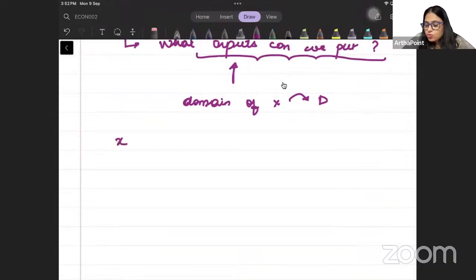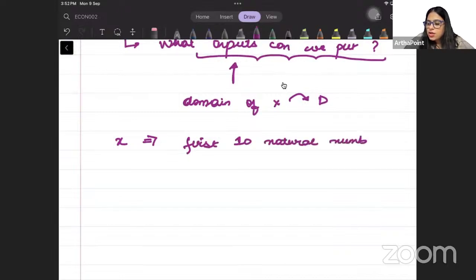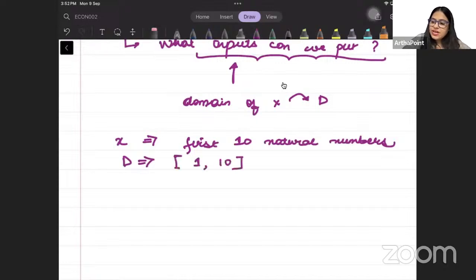तो जैसे अगर मैं बोल दूं that x can take values in first 10 natural numbers. So what will be the domain, beta? From 1 to 10. First 10 natural numbers.